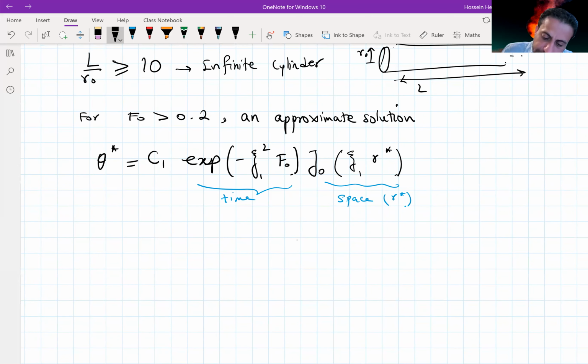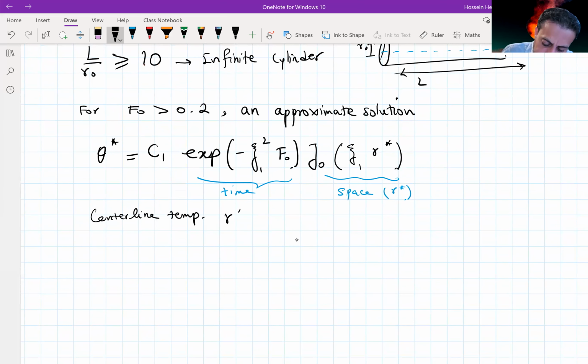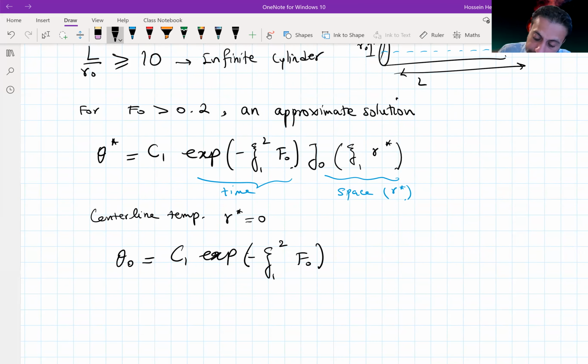For the center line temperature at the center of this cylinder, at r star equal to 0, theta star would be C1 exponential of minus xi1 squared Fourier. Again, we use table 5.1, which for each Biot number gives you the value of xi1 and C1.